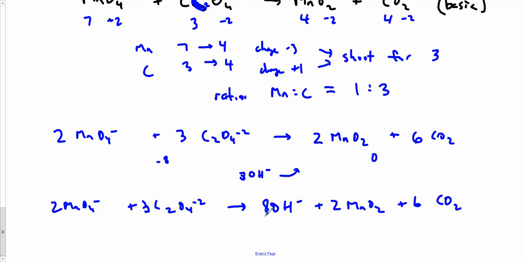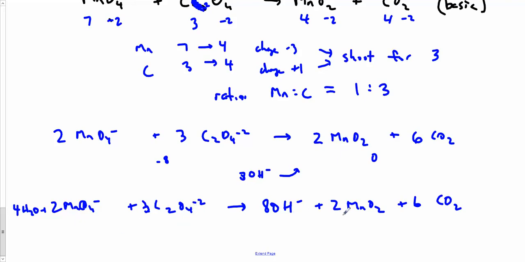Now when I look at the H's, no H's, no H's, looks like I've got 8 H's here, so it looks like I'm going to need 4 waters over on this side to finish it, and hopefully that would also work for the O's. I see 4 and another 8 makes 12, and another 12 makes 24 O's on this side.